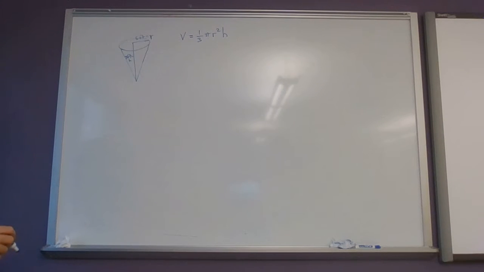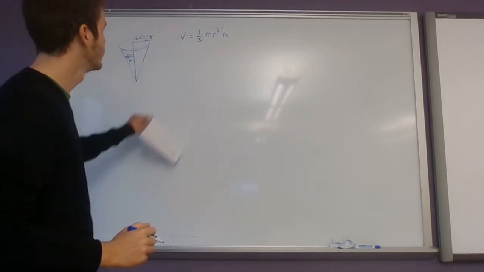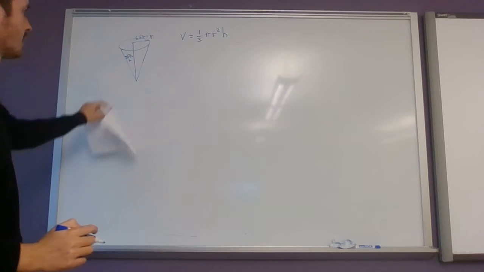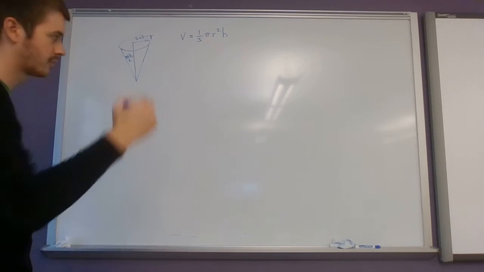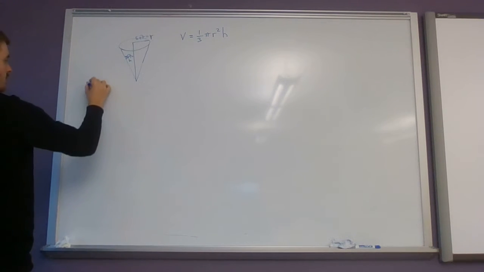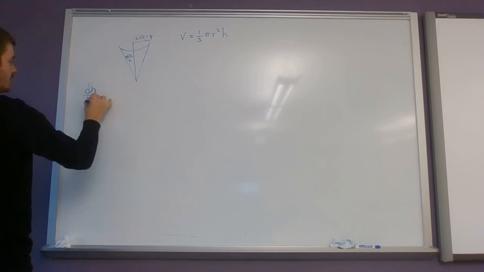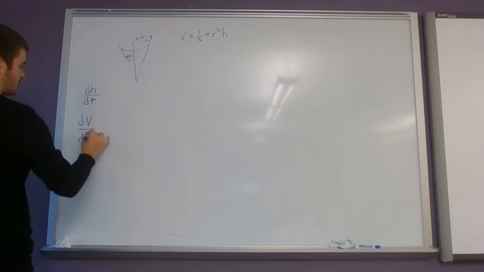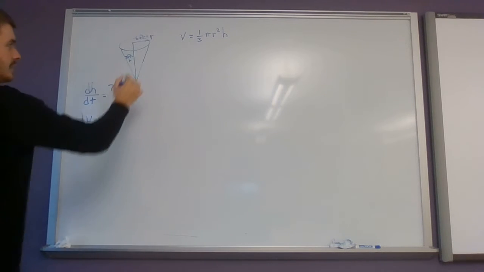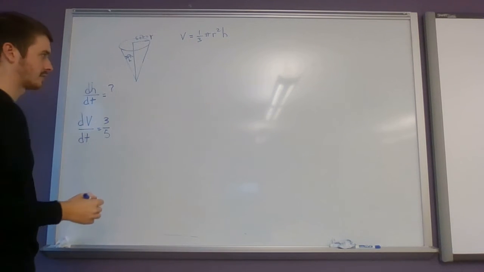I'm going to write my equation in terms of h because I'm looking for the change in height or depth of the water. So I'm looking for dh dt, and I'm given dv dt. I don't really need to worry about dr dt.